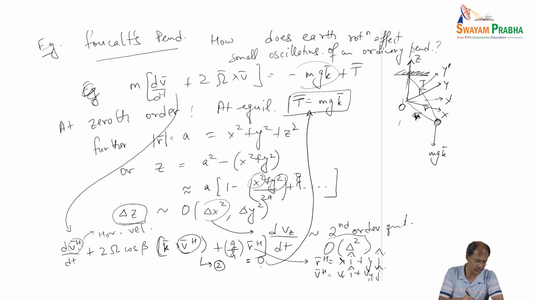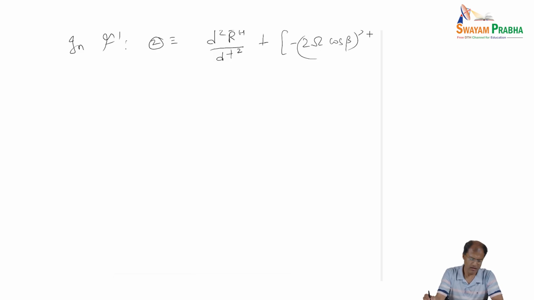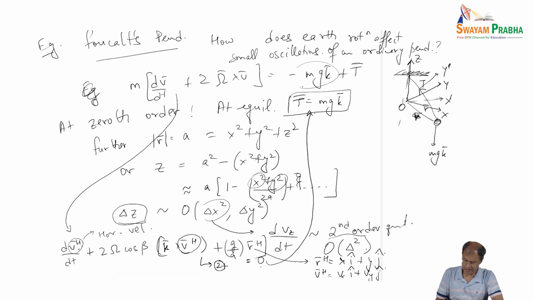In equation number 2, what we see is d2rh/dt2 plus, in the rotating frame, minus (2 omega cos beta) squared, times rh, is equal to 0.